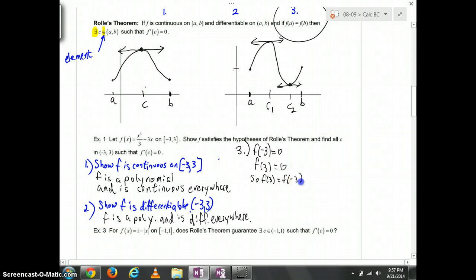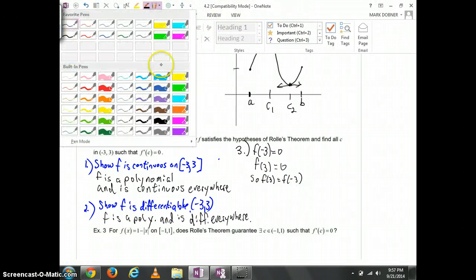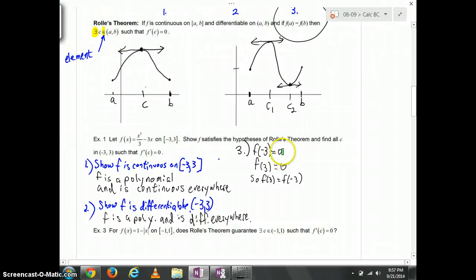I do want to point out very, very importantly, this is so important, that for Rolle's theorem to be true, we're not requiring that these y values must equal 0. You can see in the original picture that I had here, my f of a and f of b, it could be some positive y values.